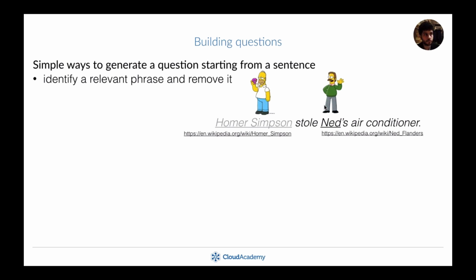And you can use this information to remove one of them, and for example, just create a fill in the blank exercise that somebody who wants to play with this sentence can use to try and guess what was the original name that was in the sentence.